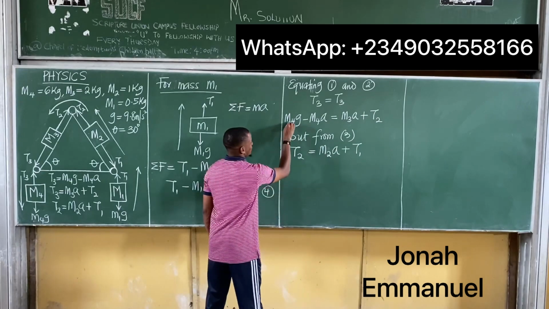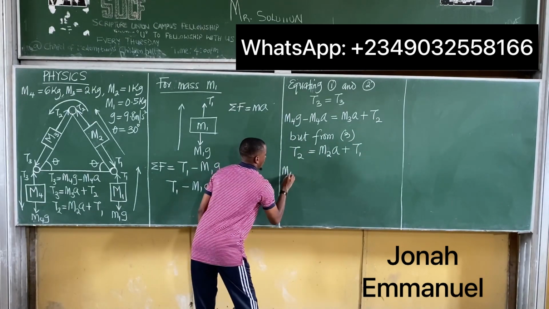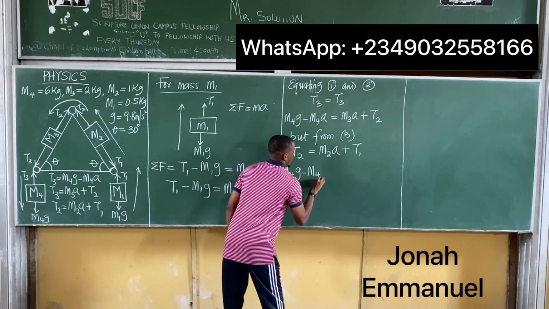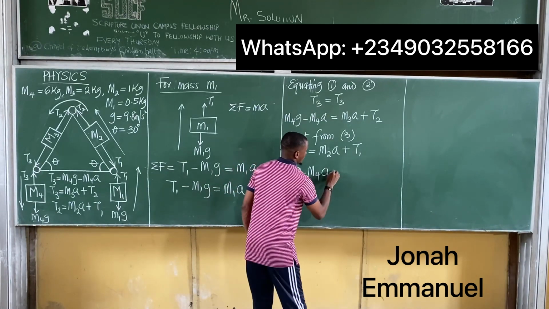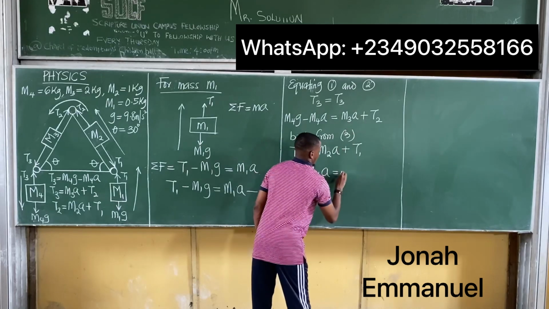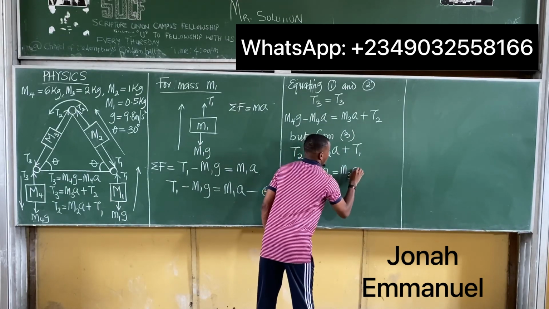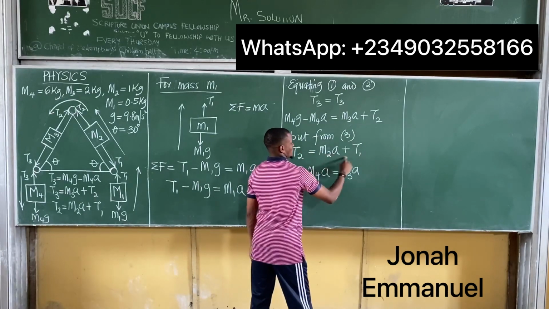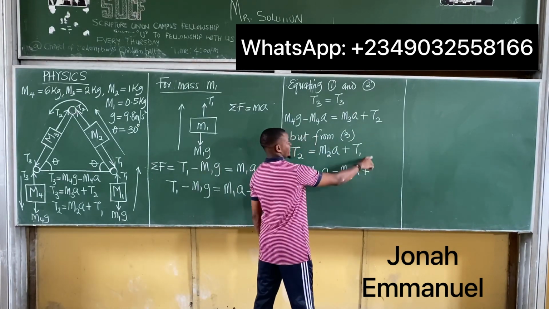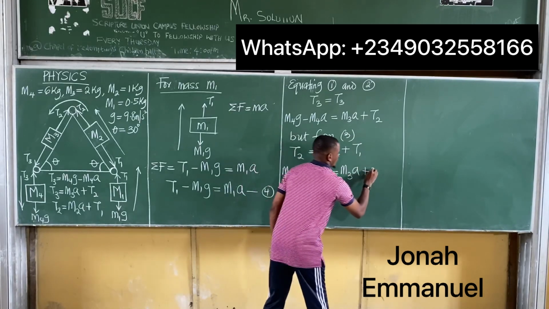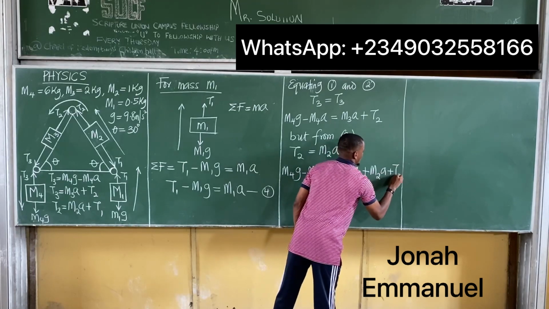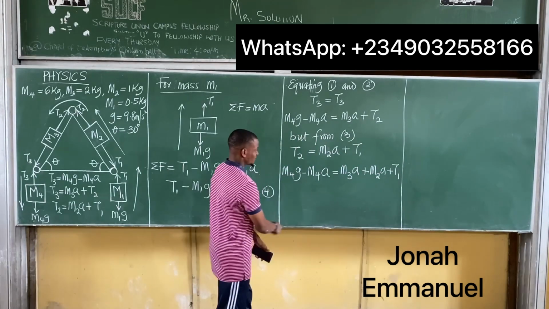That means I'll be having this equation as M4G minus M4A is equal to M3A plus T2. The value of T2 is this one here, so in place of T2, I'll write M2A plus T1. So I have this.